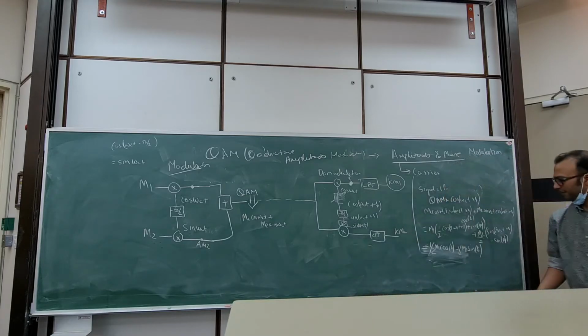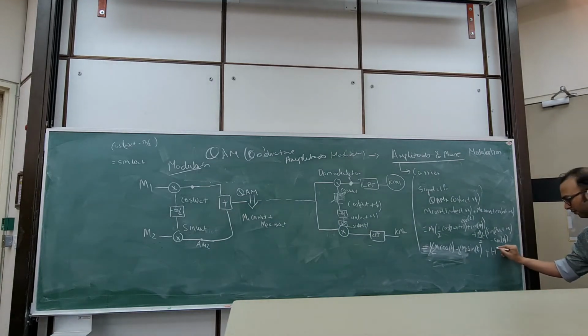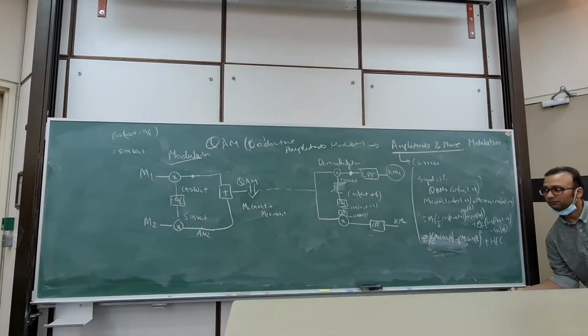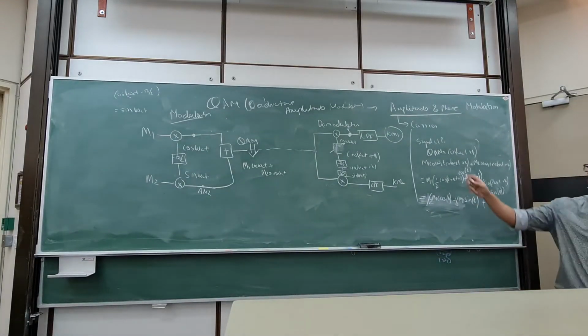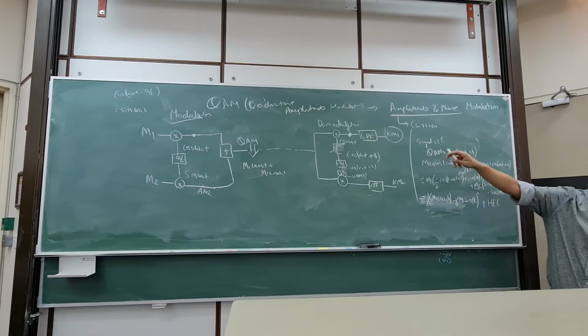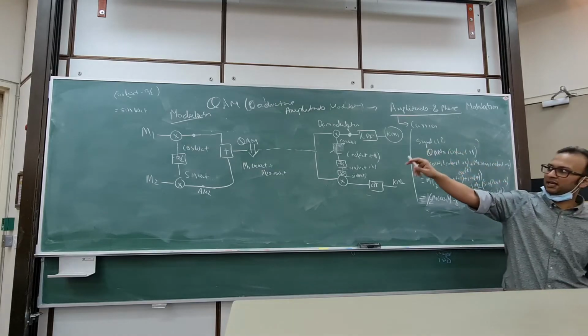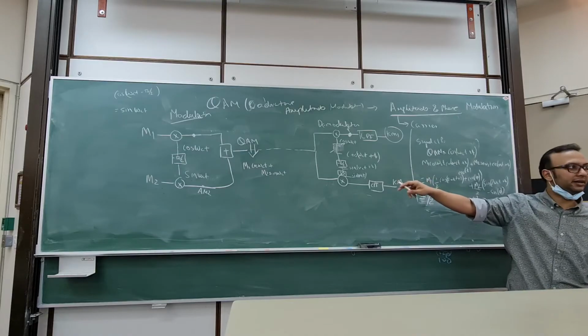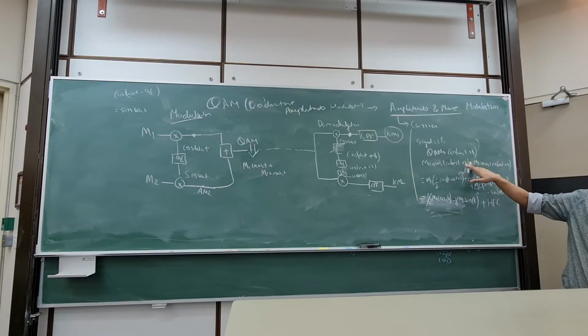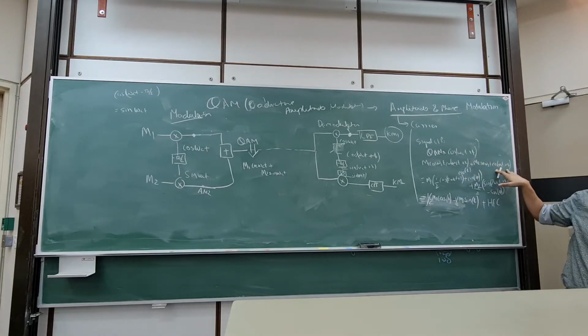Okay, good. I want you to do it properly at home, but I'll just summarize here. QAM multiplied by cosine omega ct plus phi. QAM is what? M1 cosine plus M2 sine. So M1 cosine multiplied by this, plus M2 sine multiplied with this.